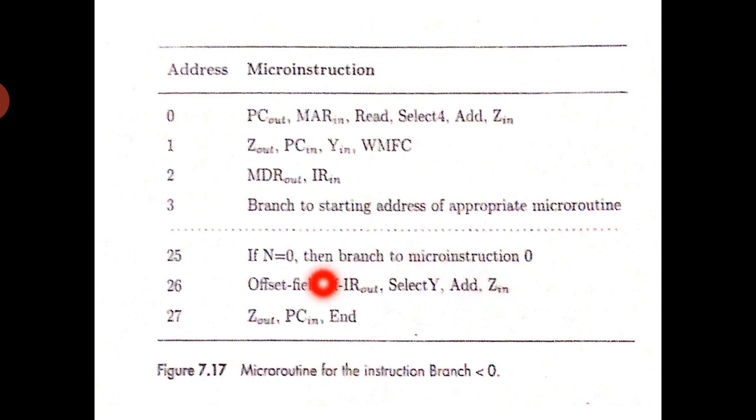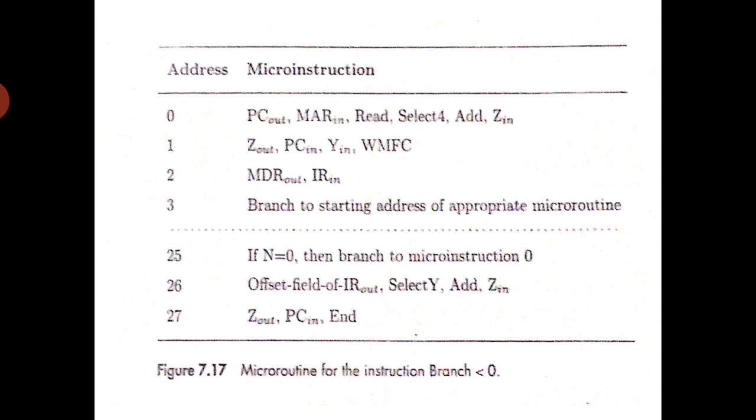Next, that address is transferred to the program counter by activating the Z out control signal, so the address is placed on the processor internal bus. By activating PC in, the address is transferred from the internal bus to the program counter. This ends the execution of these micro instructions.